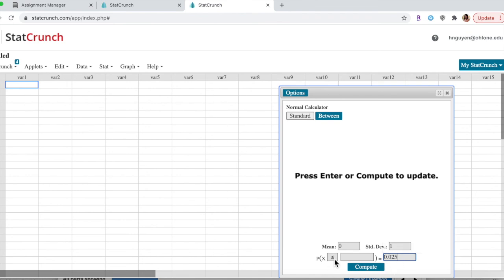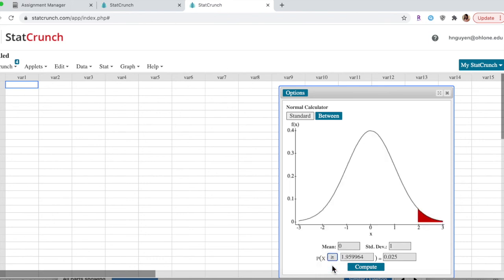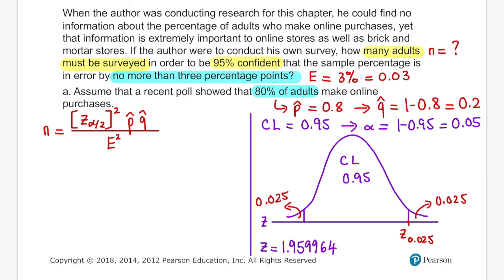I want this to be greater than because that area is on the right. This is my z-score. I got z of alpha half is 1.959964. I am going to round it to 2 decimal places, which is 1.96, and I'm going to plug that in here.